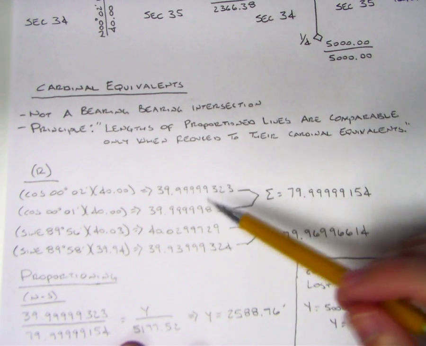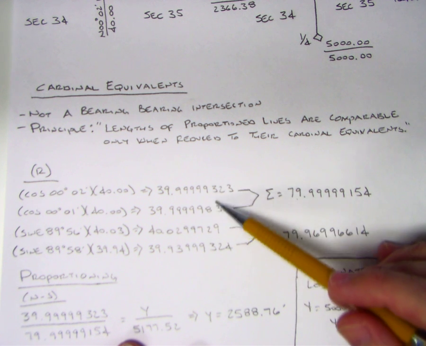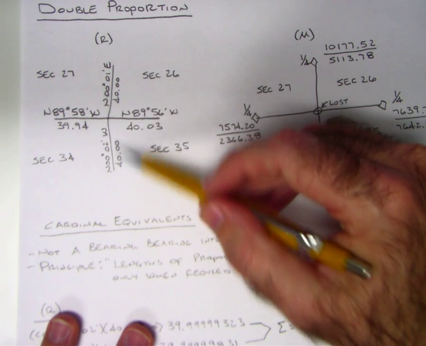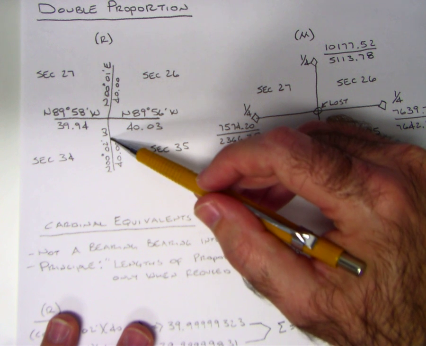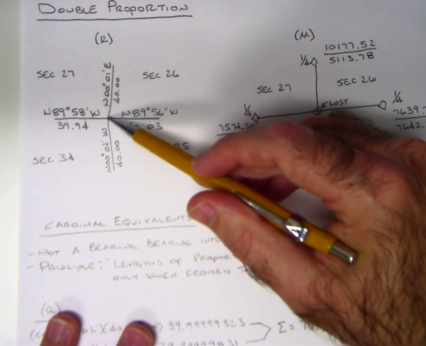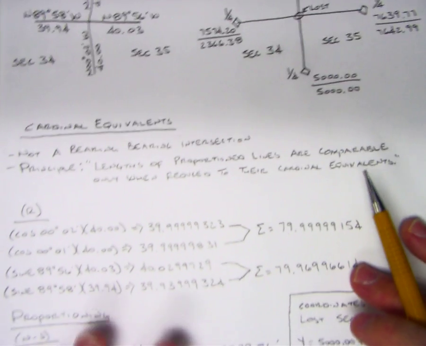So what I've done here is I've reduced the record to their cardinal equivalence, and I'm using a false number of significant digits because I'm trying to illustrate that even though this is very, very close to 40, whenever you take its cardinal equivalent in the record, it's very important that you go ahead and do so, because if this was more of a severe break, it would actually show up.